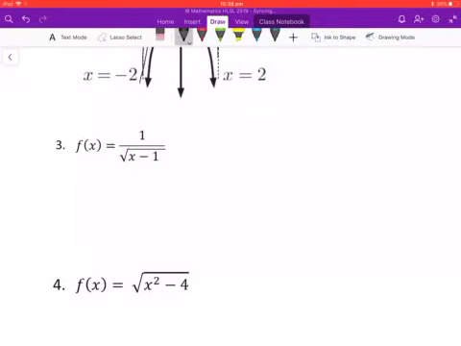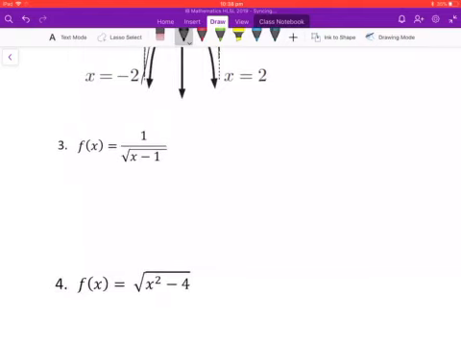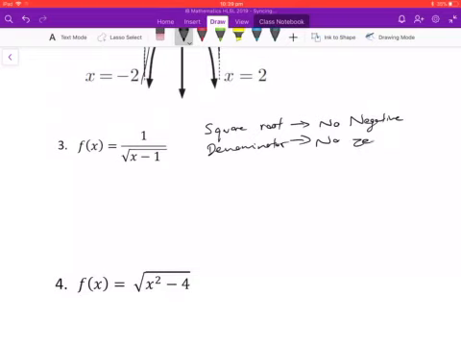Now if we have a look at this one here, f of x is equal to 1 over the square root of x minus 1. For the square root of x minus 1, you cannot have a negative under it. The denominator tells me you can't have 0.